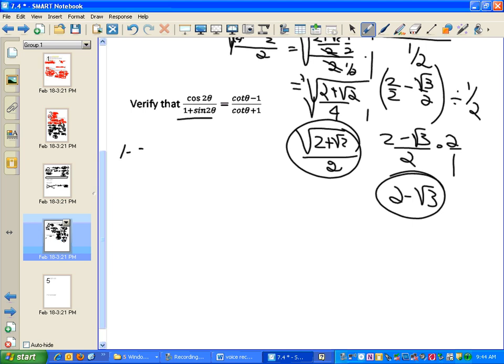I'm going to say that's 1 minus 2 sine squared of theta over 1 plus sine of 2 theta. Oh, it's not squared. How can I rewrite the sine of 2 theta? 2 sine theta cosine theta. I'm just rewriting these so I don't have any funky double angles or half angles going on.